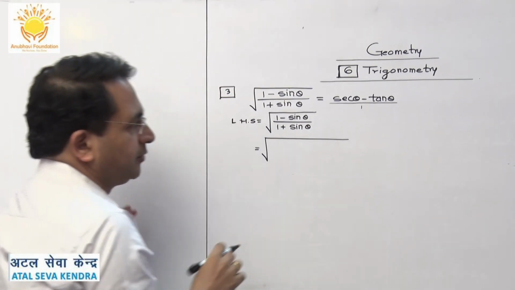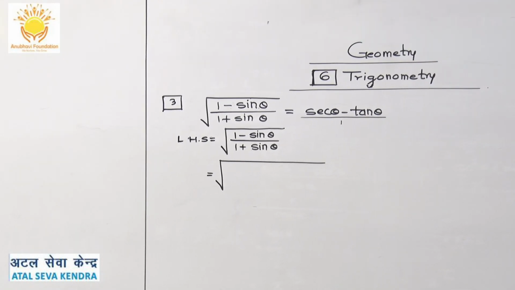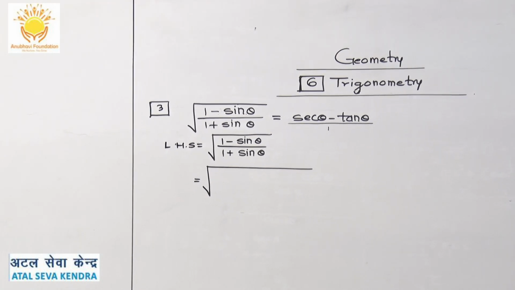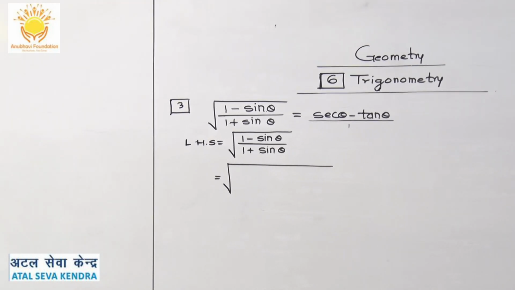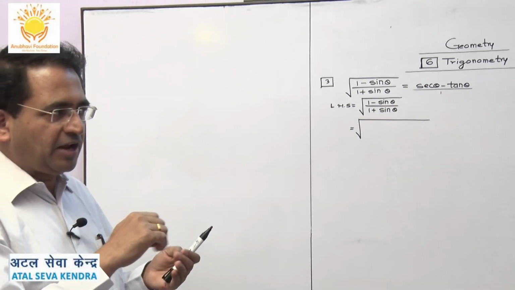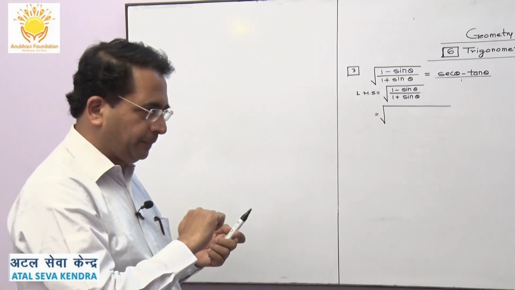If nothing is mentioned in the denominator, then for sec theta minus tan theta we have to consider it as 1. So if you want 1 on the right side, then rationalize the denominator on the left.